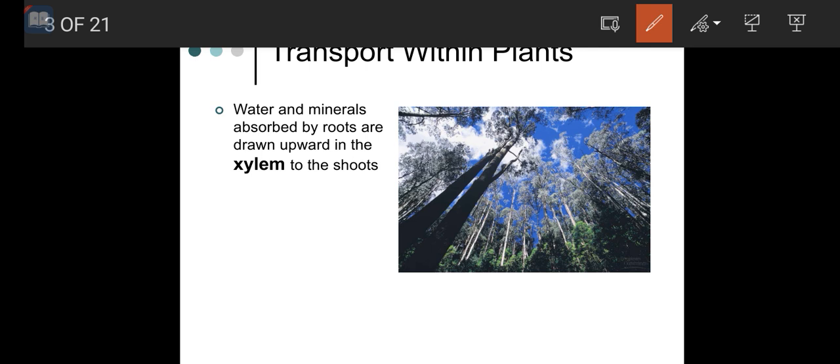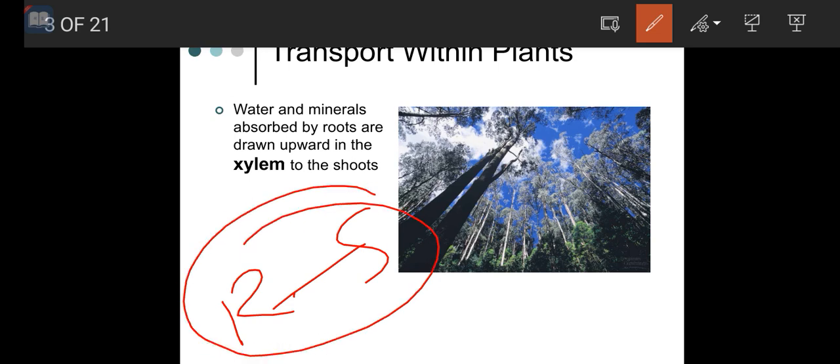But if the distance between the root and the shoot is large or long, there is a problem to transport. In this condition, the diffusion process is not sufficient to provide the raw materials to the leaves and energy to the root.